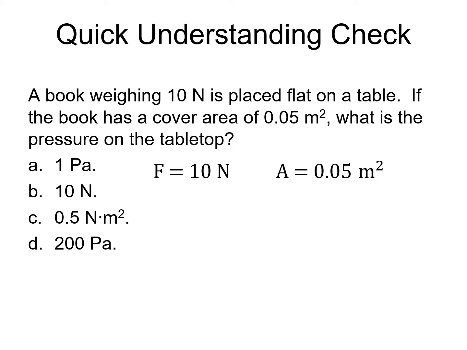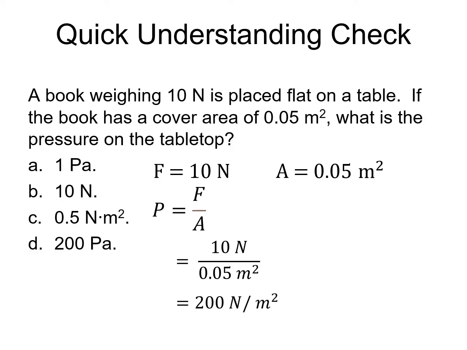We see that force equals 10 newtons, area is 0.05 square meters, pressure equals force over area, so that equals 10 newtons over 0.05 square meters. You need to pull your calculator out to do the math. You'll find that to be 200 newtons per meter squared, which, if you'll recall, the newton per meter squared can also be called a pascal. So you should have picked answer D.